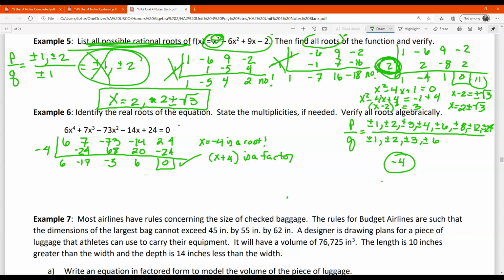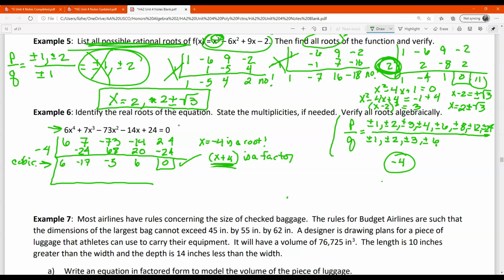Here I was dealing with a quartic, right? I took a factor out, and now I have a cubic. And I'm not great at factoring cubics, so I'm going to find another root. Notice -4 is in the list over here. It could be 24 divided by 6 would give us our -4.